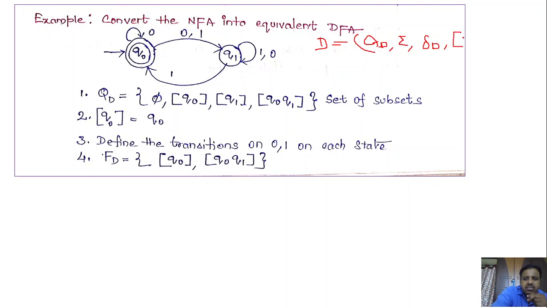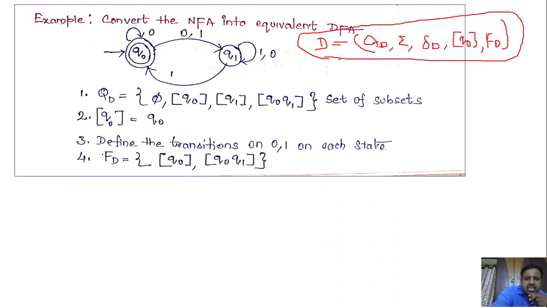Here we enclose the state in square brackets in the DFA, so Q naught must be enclosed in square brackets, comma FD. FD is nothing but the set of final states in the DFA. This is how we represent the DFA mathematically in quintuple notation. QD we will get whenever we perform this subset construction algorithm.